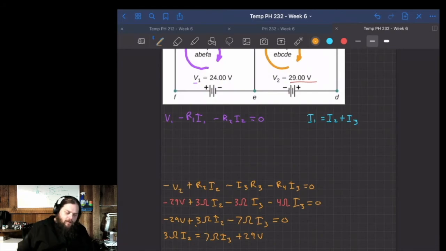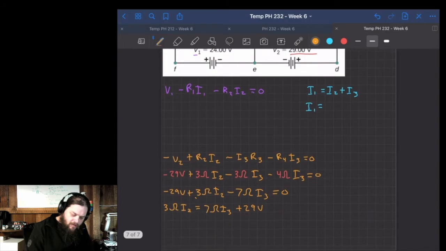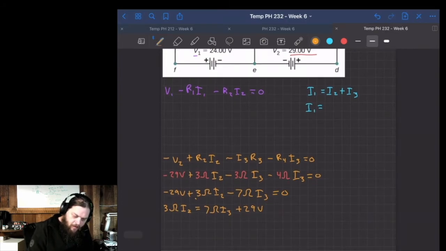So going up towards the top, we see I have this term here where I know the voltage. I don't know the currents of either one, but I've solved this bottom equation for I2 in terms of I3. And over here, I have I1 in terms of I2 and I3. So, starting out with I1, I have to divide down here, this orange equation.